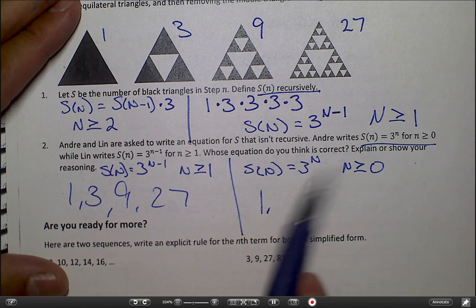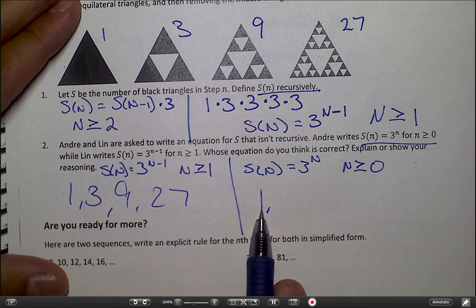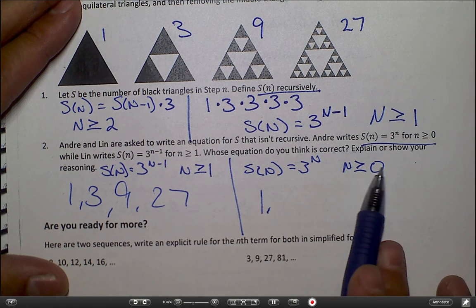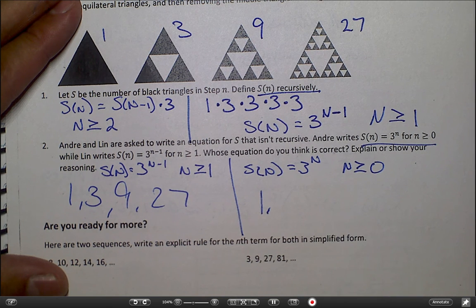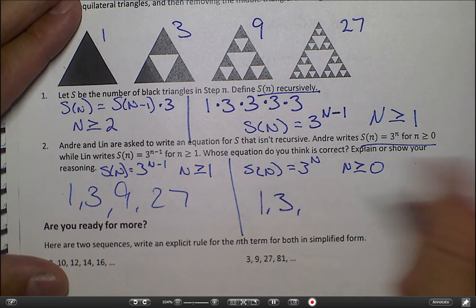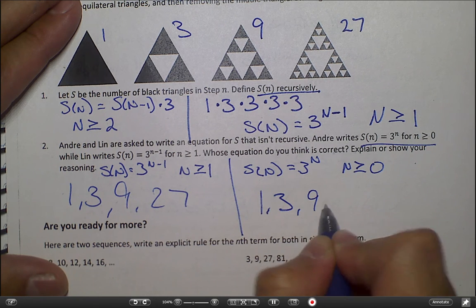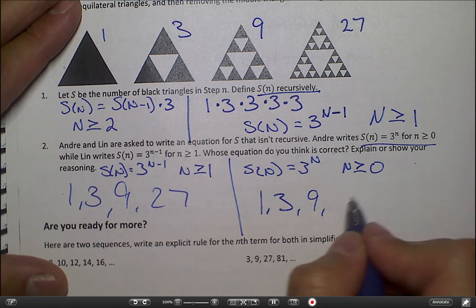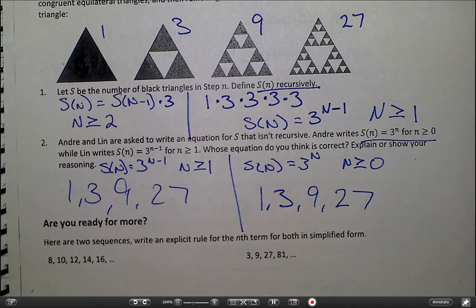My n is going to be 0, so I plug in 0. 3 to the 0 power is 1. After that comes 1, right? So 3 to the first power is? 3 to the second power is? 3 to the third power. Hey, look, is it exactly the same?